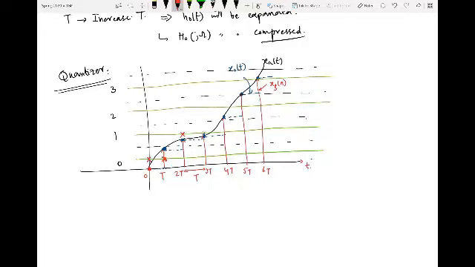The next one will also be mapped here, and the next one will go over here because it is the nearest one; the lower one is far. Similarly, for this particular sample, both the green lines, the upper one and the lower one, are at the same distance, so it can go anywhere. Let's say it goes to the upper, and the last one over here.